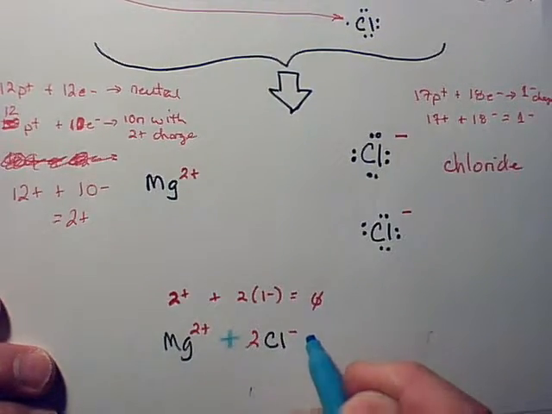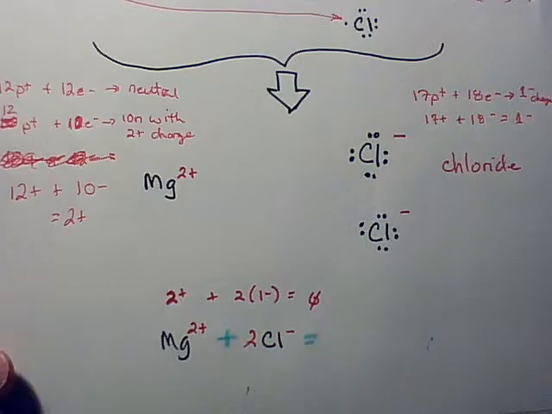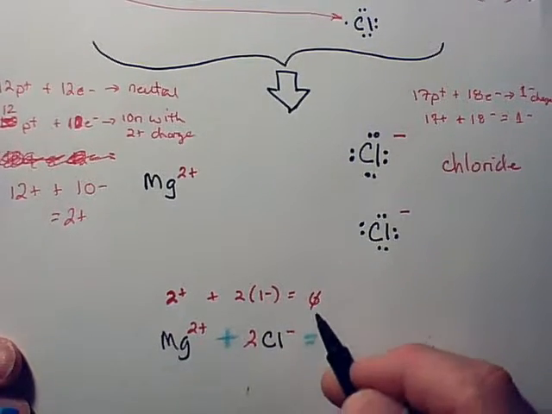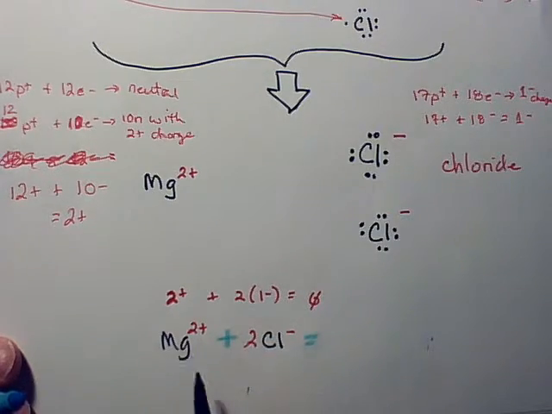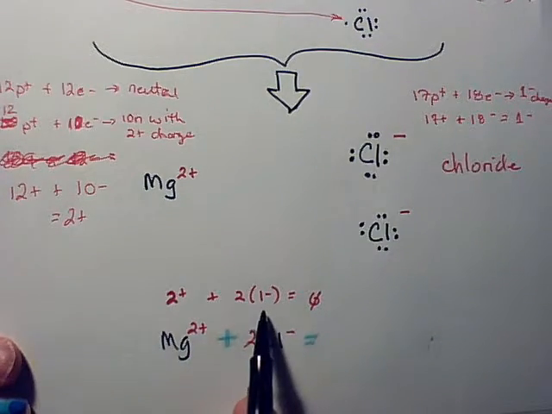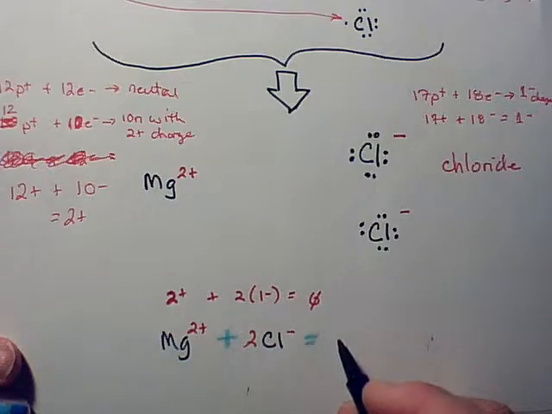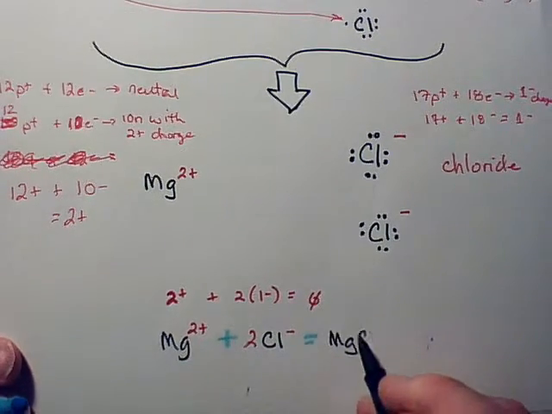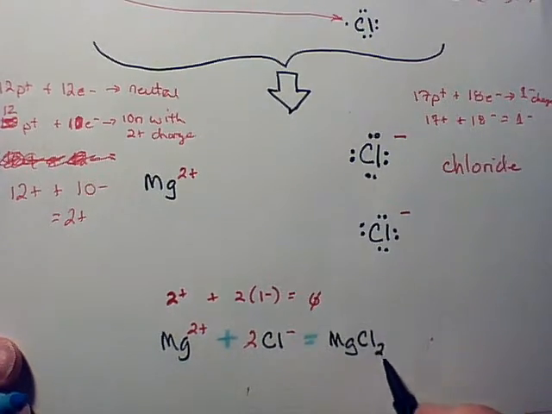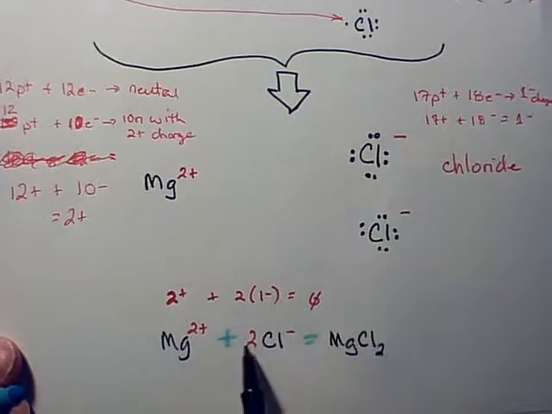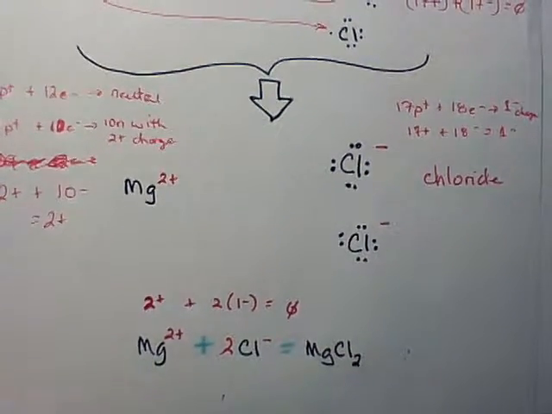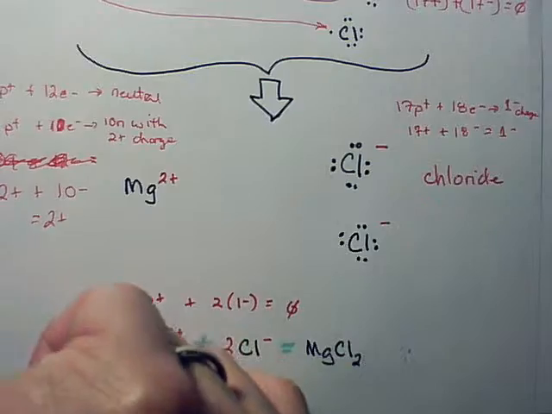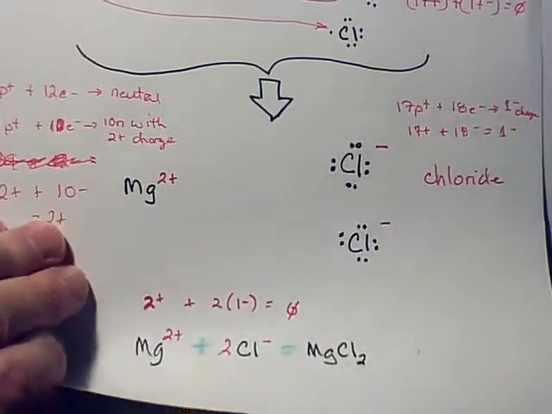And when we do that, we're going to have a compound that has no charge, because we're going to put 2 positive charges with 2 negative charges. So we're going to have a compound MgCl2, but there's no charge up here because we just cancel it out by putting them together. Got that? Yes? Kinda. Well, let's let you practice then.